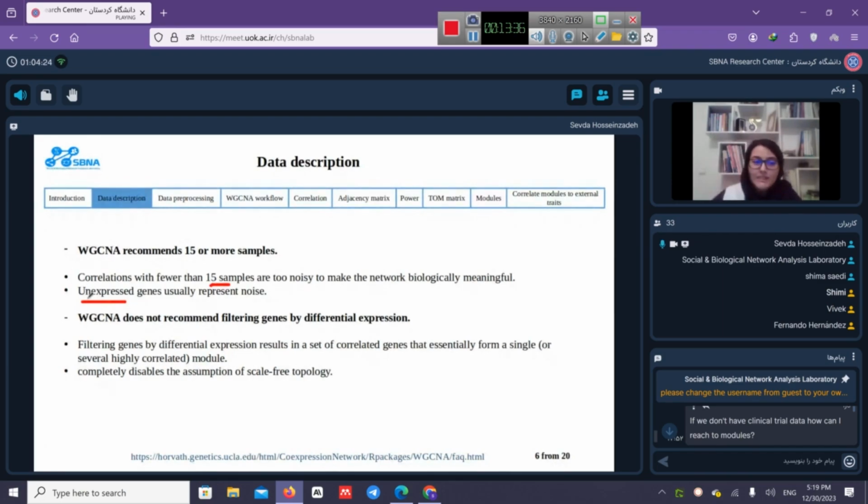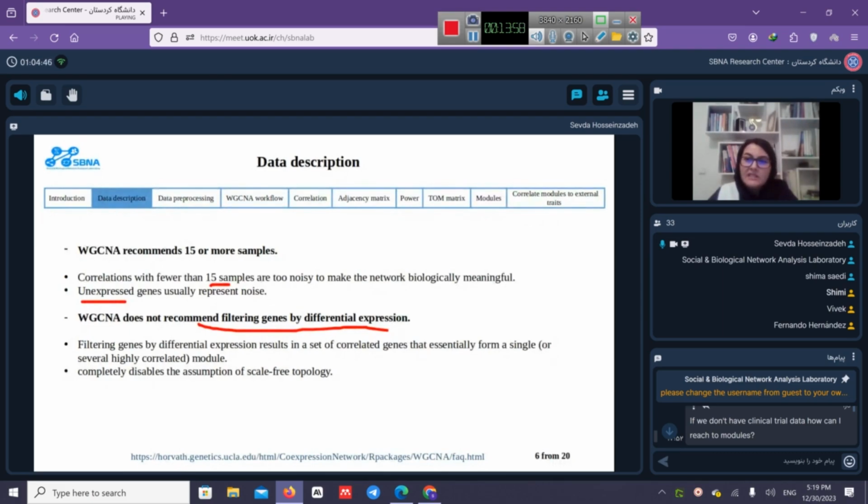And also, WGCNA doesn't recommend filtering genes by differential expression. For example, in chicken we have 28,000 transcripts, and in our study we get just 200 that are significant.